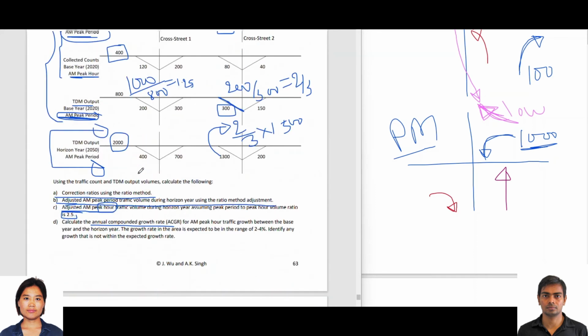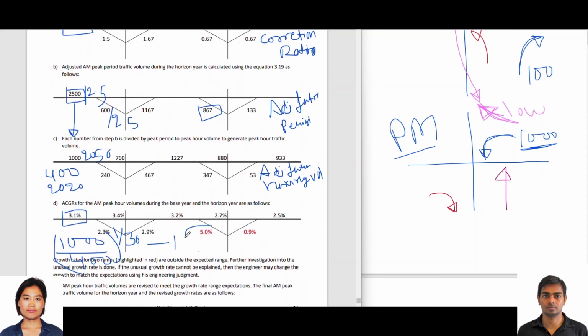Now, after calculating the growth rate, if the expected growth rate is between 2 to 4%, then identify any growth that is not within the expected growth rate. So here we have two growth rates, 5% and 0.9%. This is way too high and this is way too low, which is not expected.